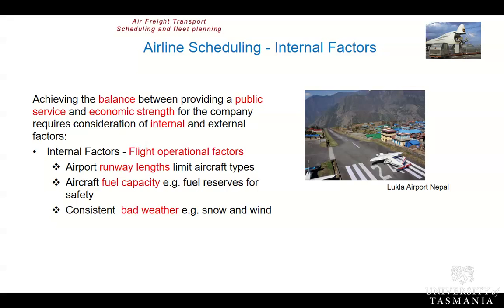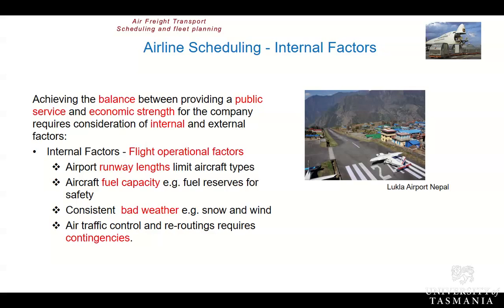Also, as an air scheduler, you are going to deal with situations where you've got consistent bad weather. Airports have got consistent bad weather. Chicago, I think the Windy City, they call it in the US, gets 38 inches of snow each year. So in those scenarios, you've got to deal with a situation where you might have delays.